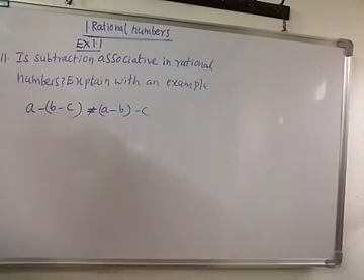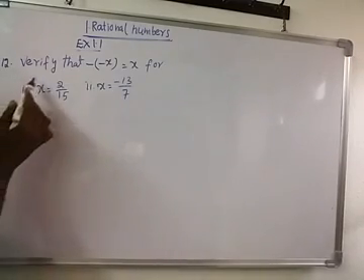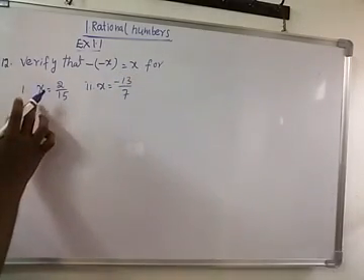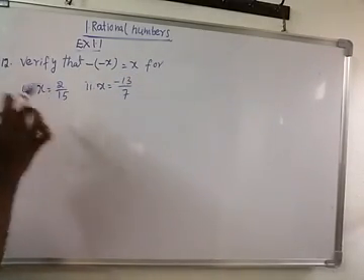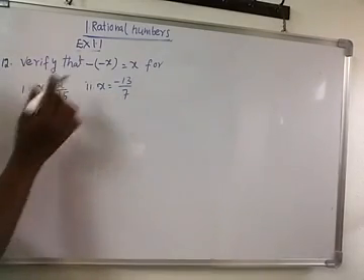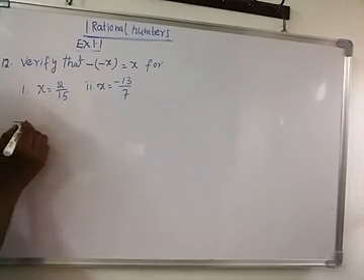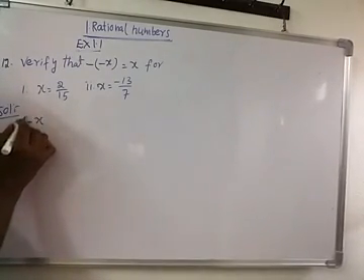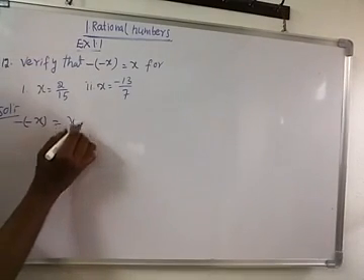Okay. Next we'll go to the 12th problem: verify that minus of minus x is equal to x. Number 1, x is equal to 2 by 15. Number 2, x is equal to minus 13 by 7. So what is to verify? We have to verify whether minus of minus x is equal to x or not.